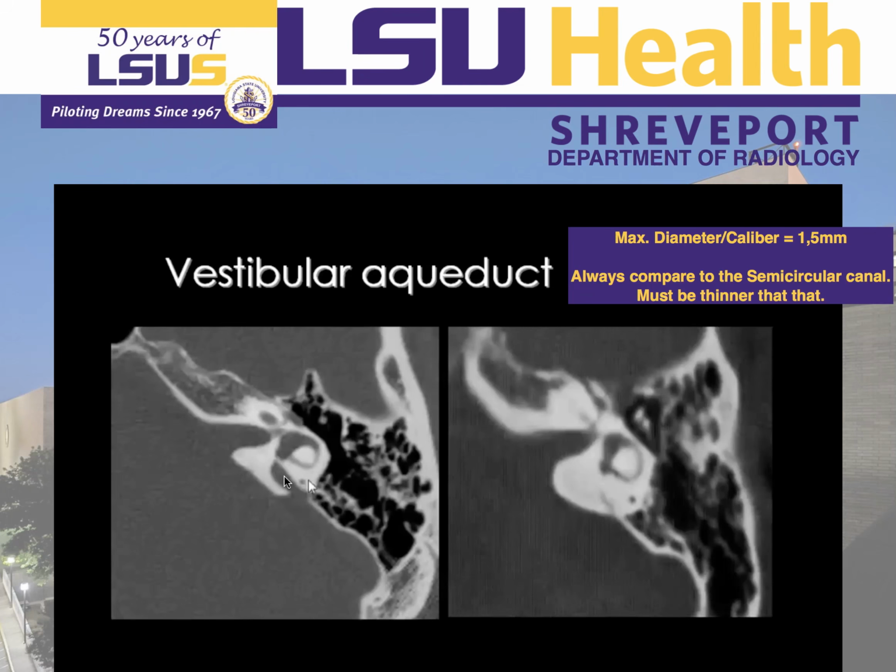Here you have an enlarged vestibular aqueduct compared to the posterior semicircular canal, okay? This is a cause of sensorineural hearing loss, so if you see this abnormality, you have to report.